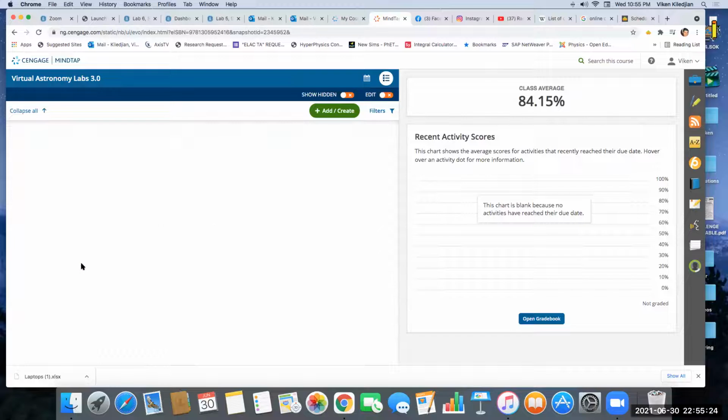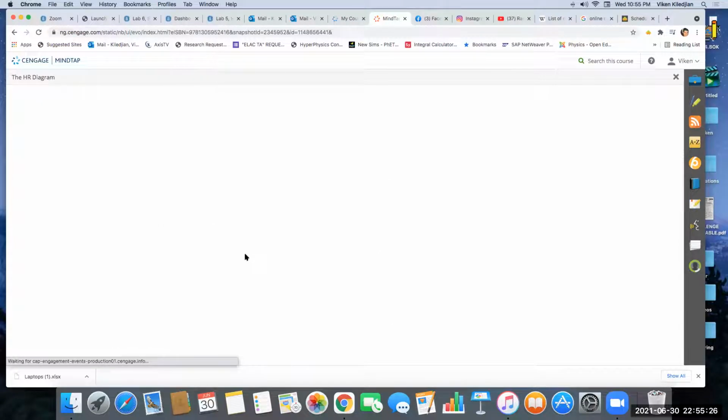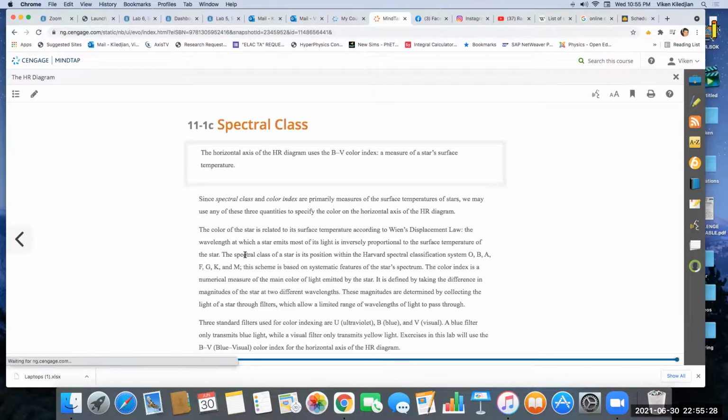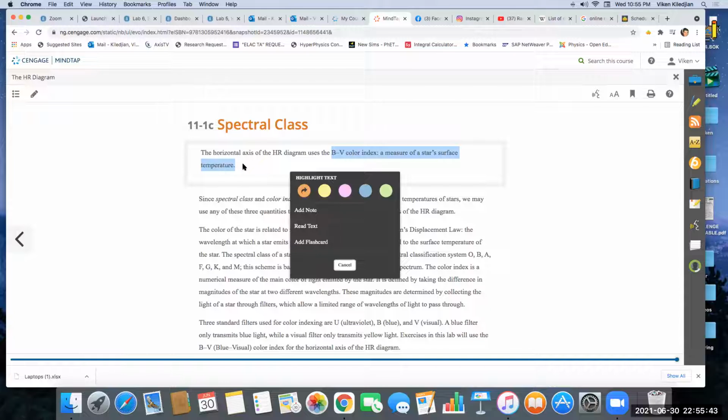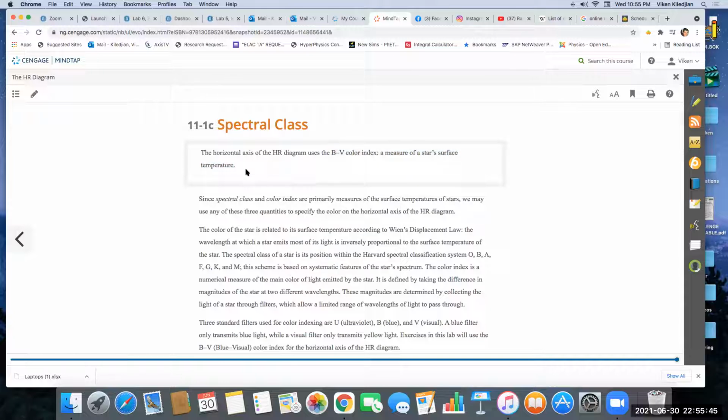So we have the HR diagram. The horizontal axis of the HR diagram uses the B-V color index, a measure of a star's surface temperature. That's the blue-violet index. Hot stars will appear more blue, and cold stars will appear more red.